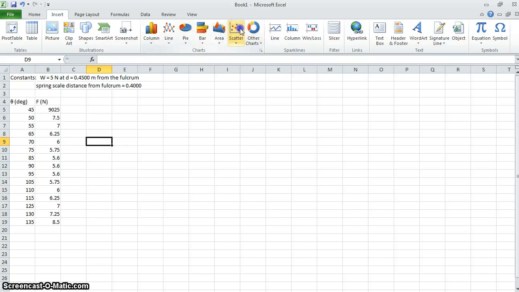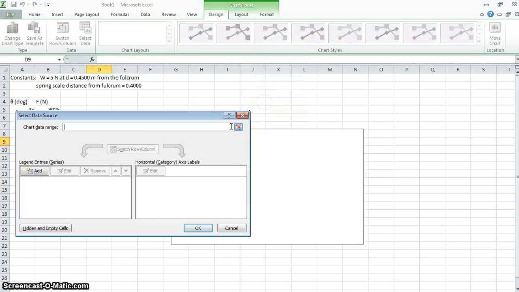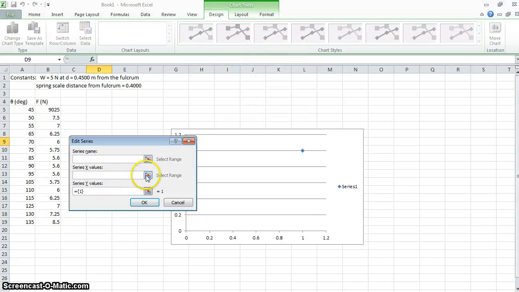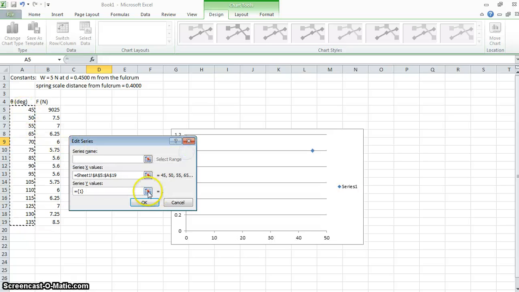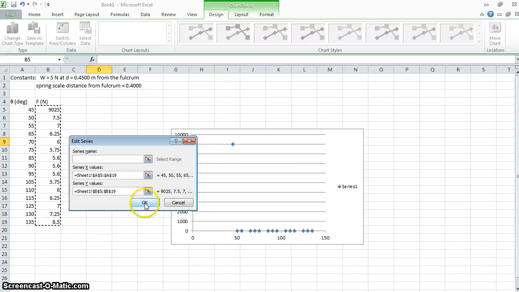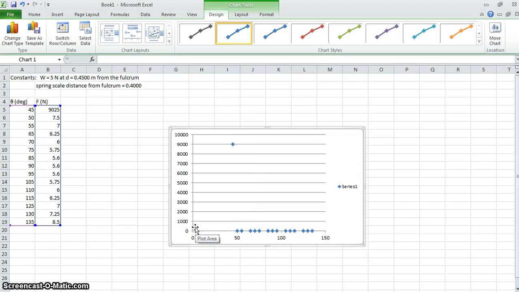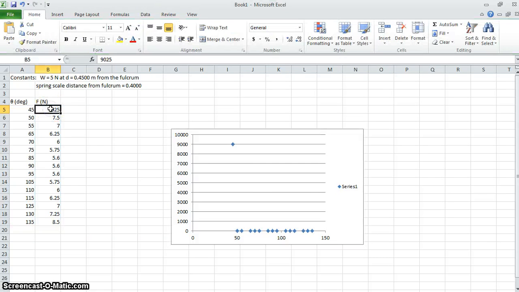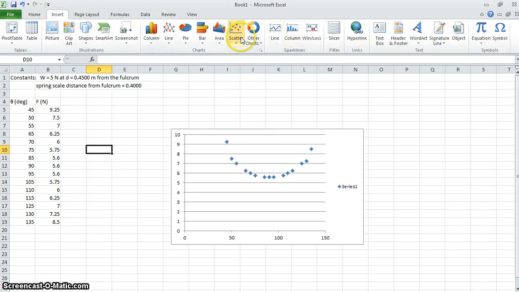Okay, so now I want to do a scatter plot, and I right click on this, select the data, and for the x's it's going to be my angles, and for the y's it's going to be my forces. What happened here? Oops, I messed something up here. This is 9.25. There we go, much better. Now I really should put in titles and stuff for this.